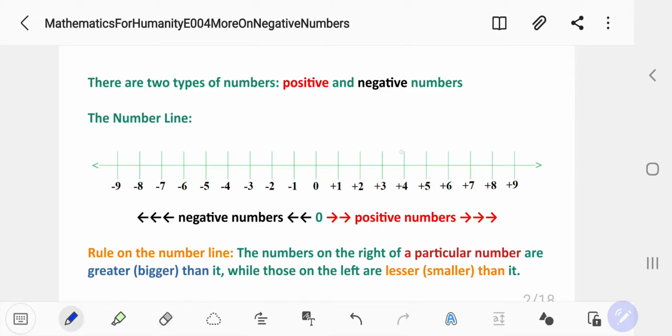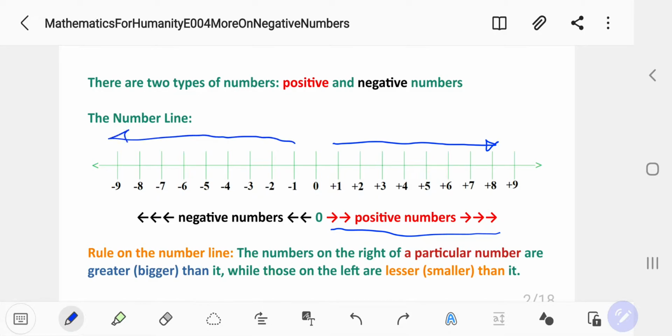So on the right side, extending towards the right, are positive numbers. And extending towards the left side are negative numbers.